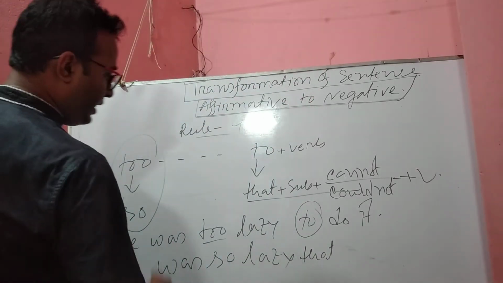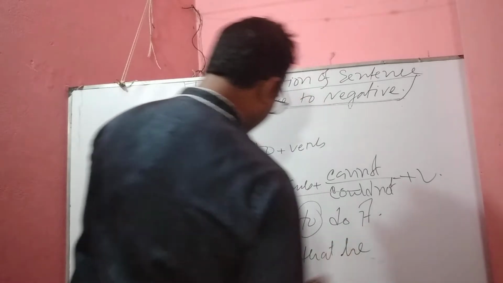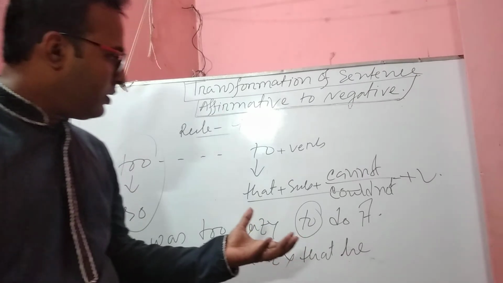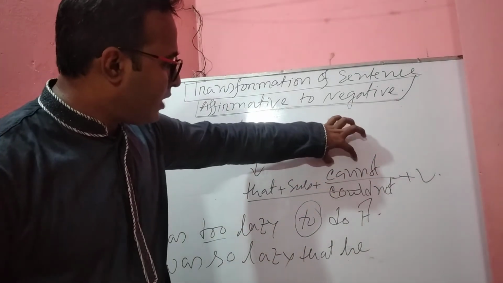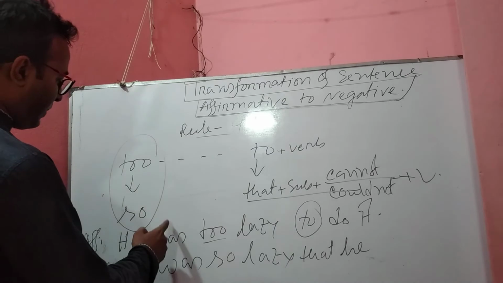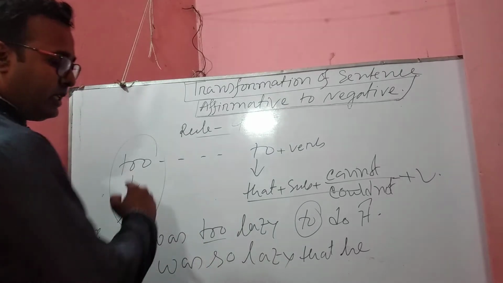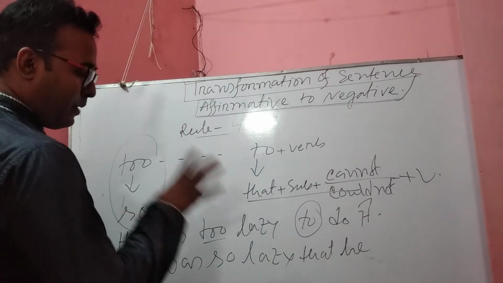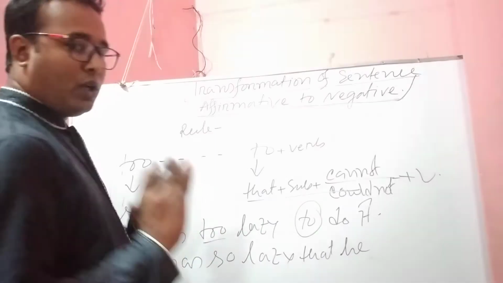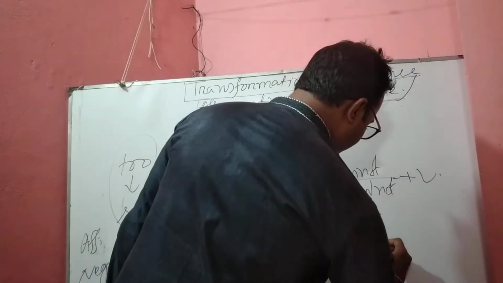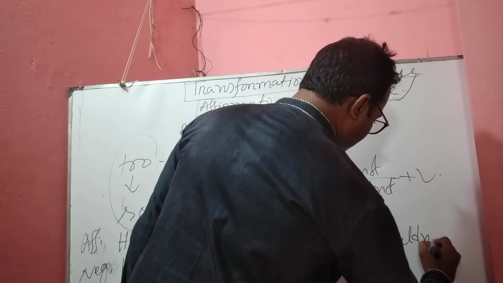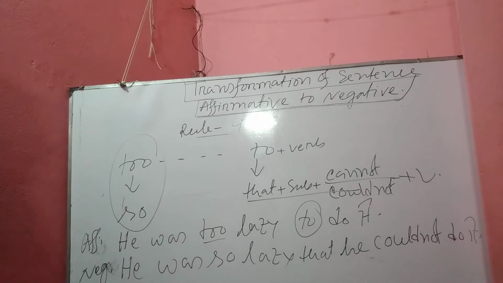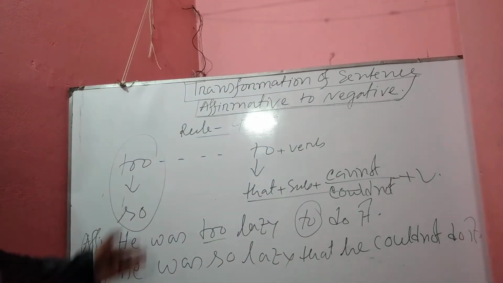Here the subject is he. Now you may have confusion about which will be used here, cannot or could not. If you find the verb in present form, then you will use cannot, and if the verb is in past form, then you have to use could not. I think you have no confusion about these rules.